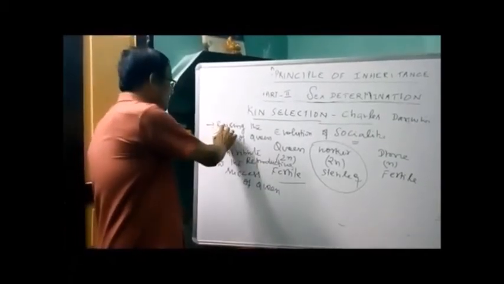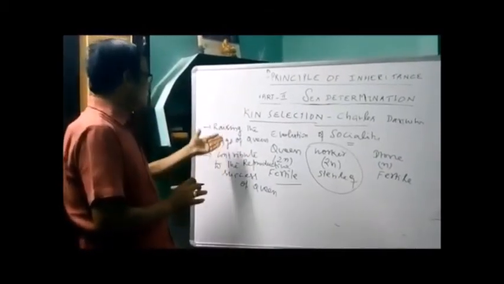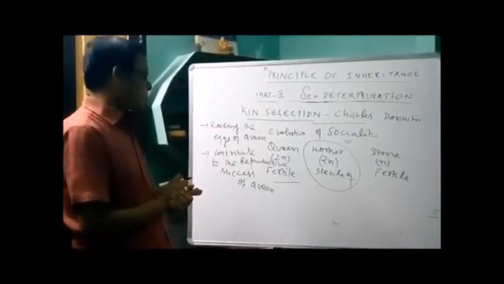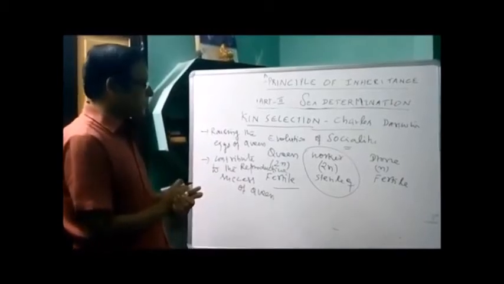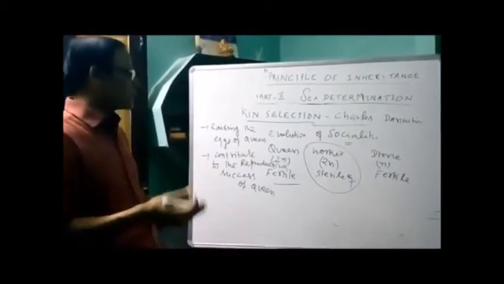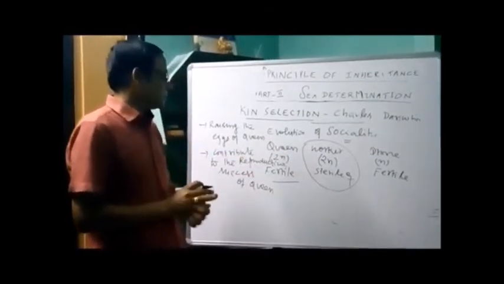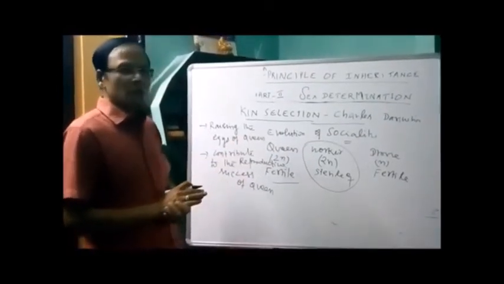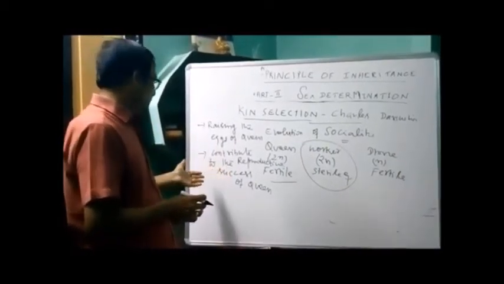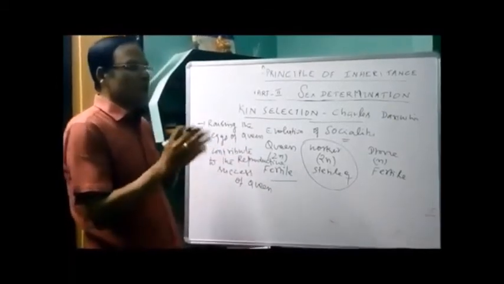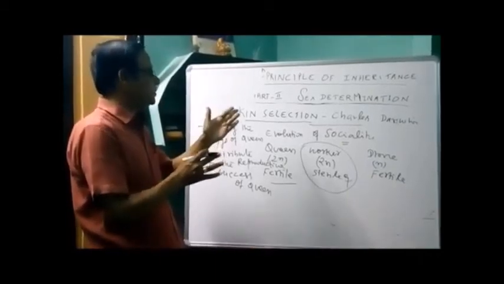So the sterile female worker favors the reproductive success of the queen, even at the expense of its own survival or reproduction. So it doesn't undergo reproduction, but favors the development of the queen by raising her eggs and contributing to her reproductive success. The reproductive success of the queen depends mainly on the sterile female. This is called kin selection.